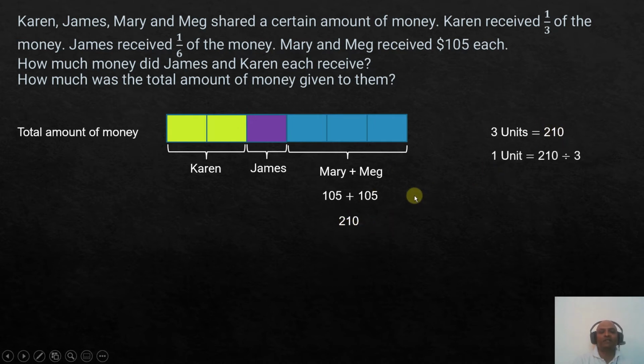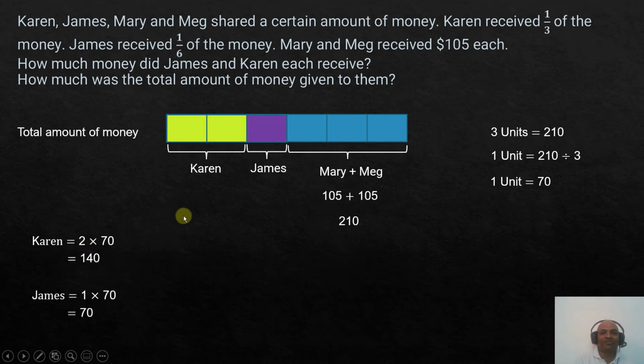So 1 unit is 210 divided by 3, so that gives us 70. So 1 unit here is 70. So we know that we can find the total amount of money and the money with Karen. Karen has got 2 units, so 2 times 70 is 140. And James, 1 unit, 1 times 70 is 70.